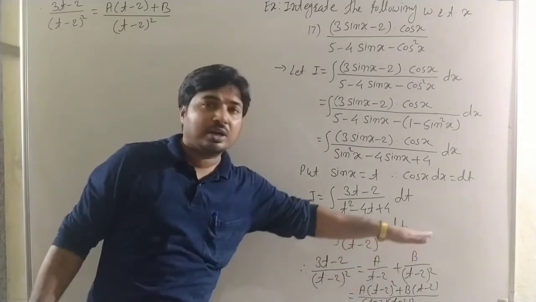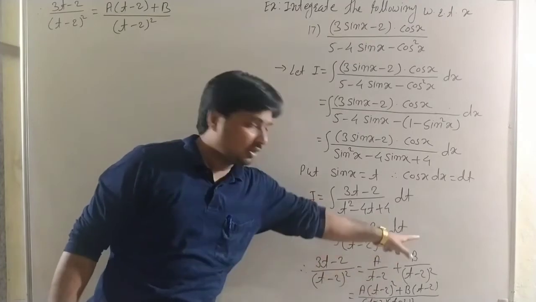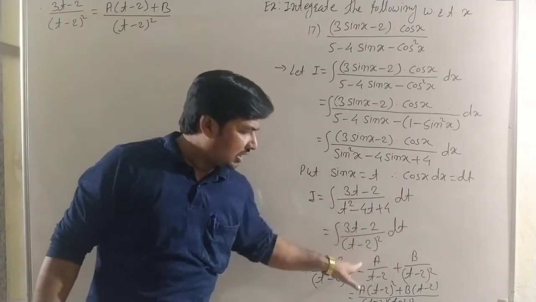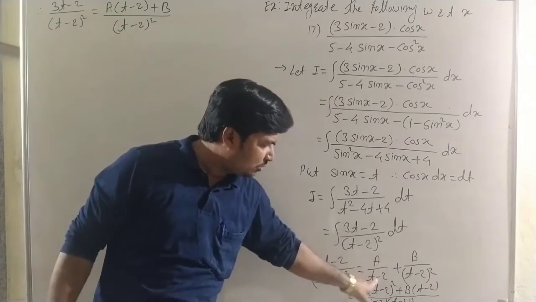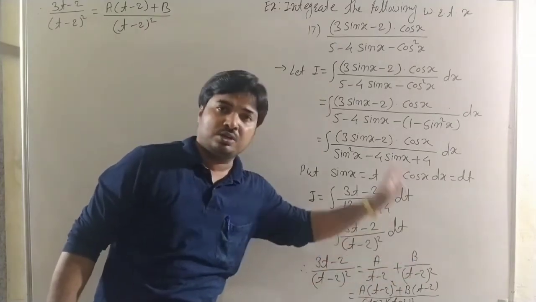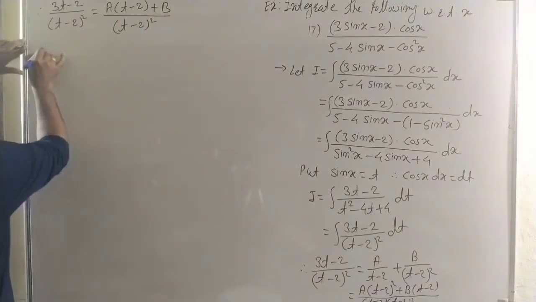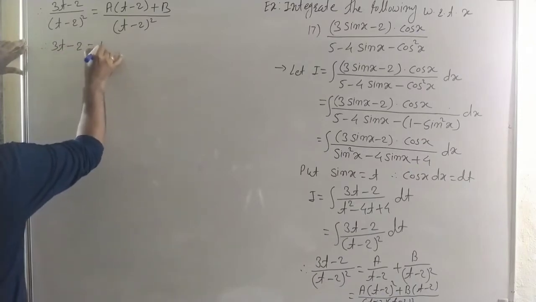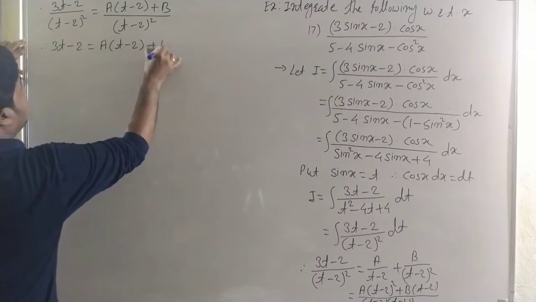In the numerator we take t minus 2 common, and in the denominator there is t minus 2 into t minus 2 square, so t minus 2 gets cancelled. Therefore 3t minus 2 is equal to a into t minus 2 plus b.